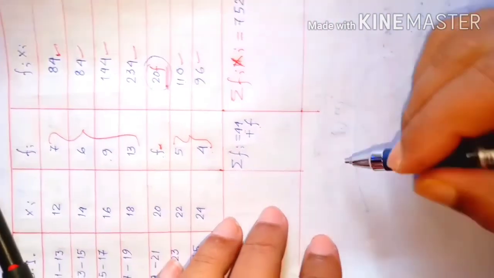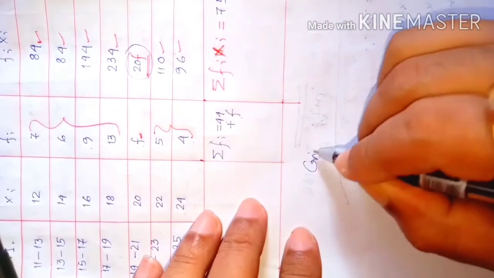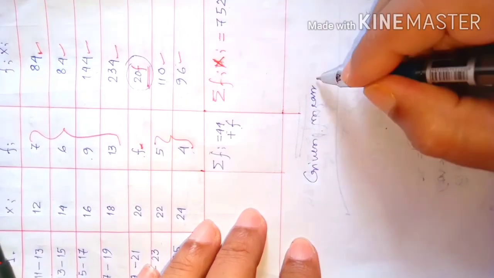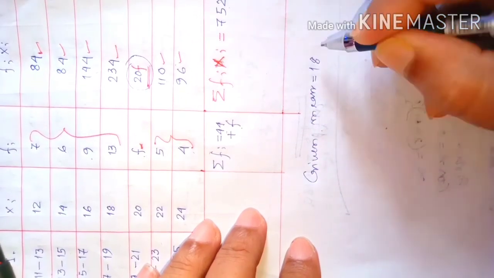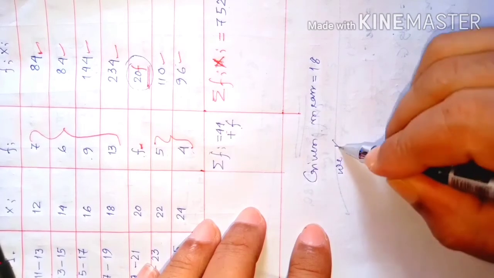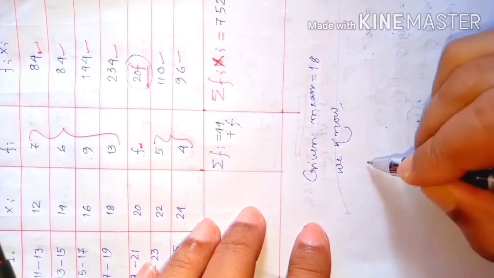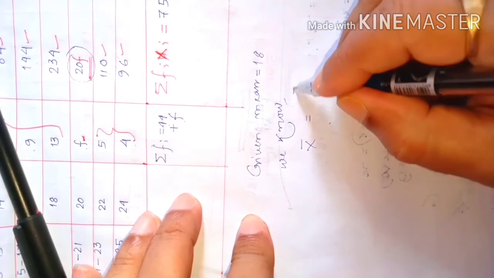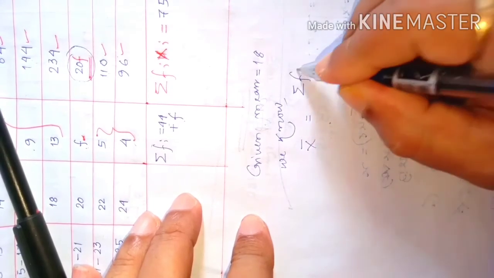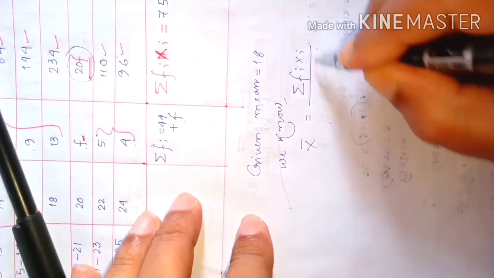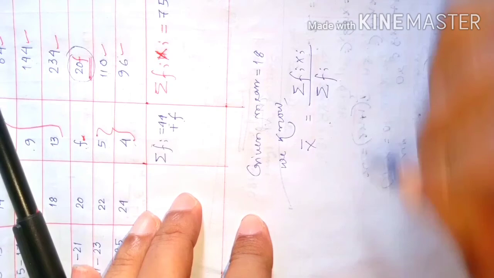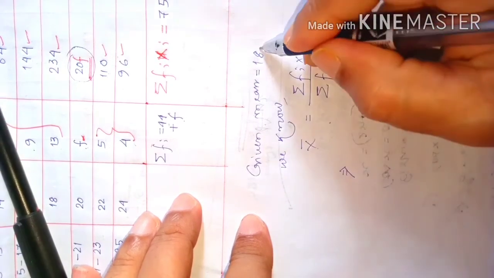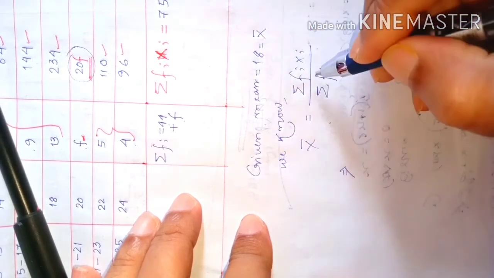Now you write the mean formula. Mean by direct method. Given mean, because the mean pocket allowance is given to you, what is it? 18. So we know the mean formula by direct method: sigma fi xi divided by sigma fi. Here we put the mean, x bar, actually 18.